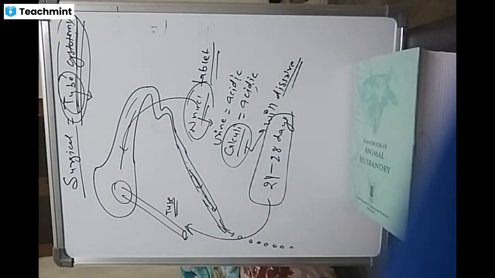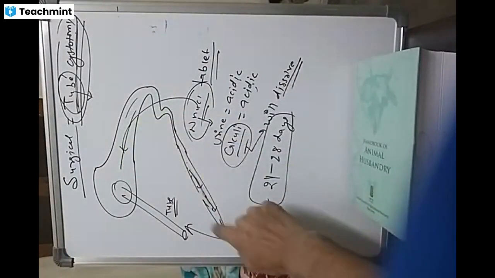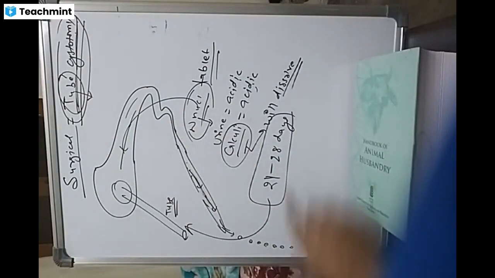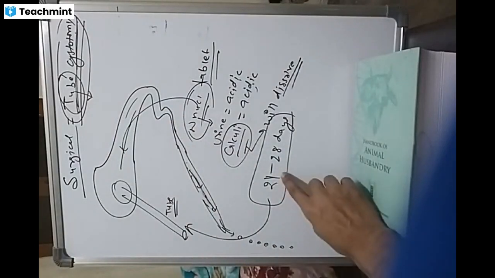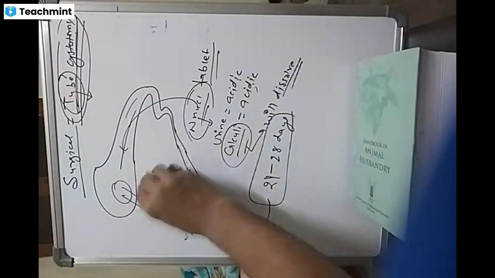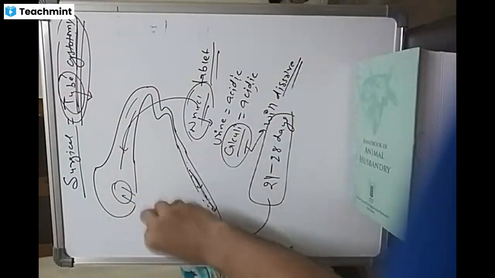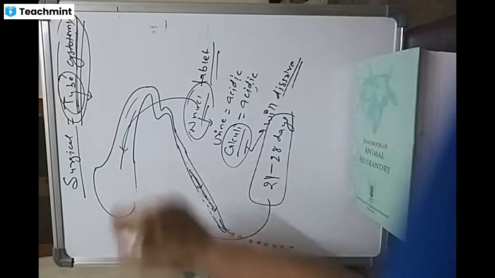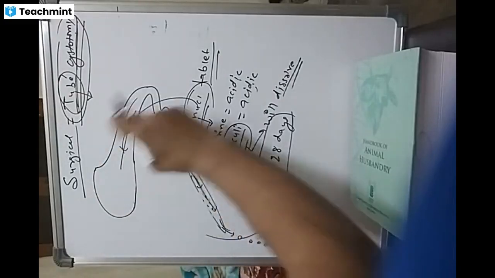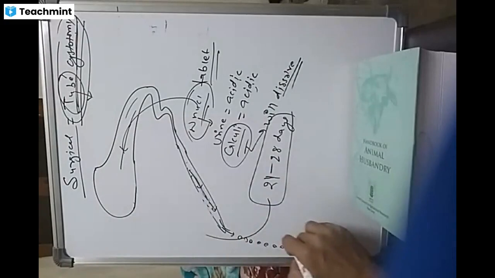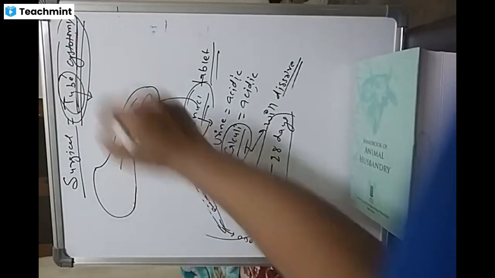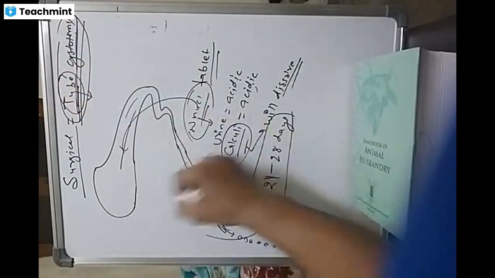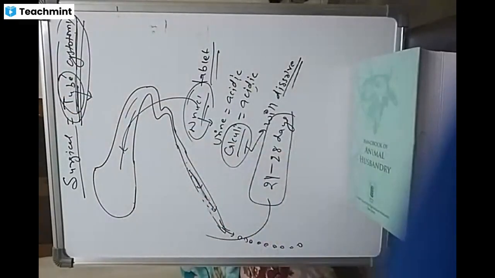Once urine comes out from the normal path, after 22 or 24 days, we remove the tube, because now urine is coming from the normal path. So this is the tube cystotomy.